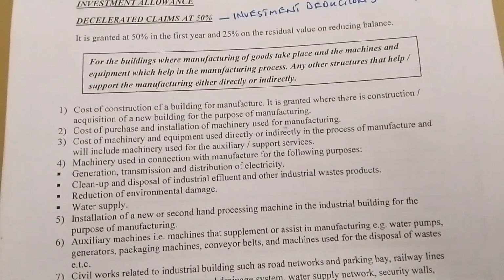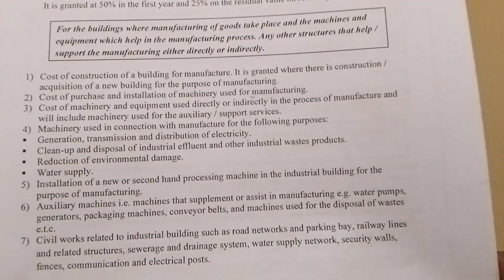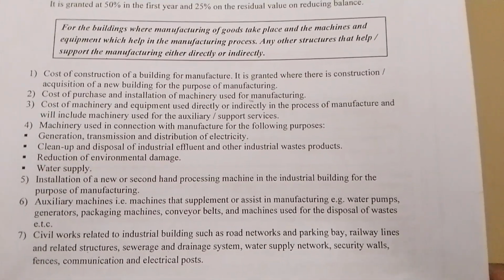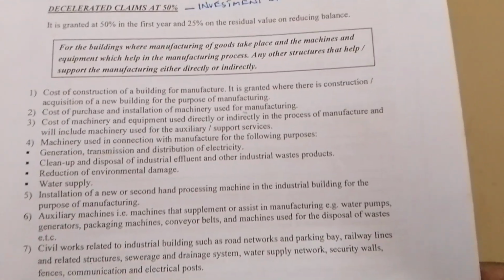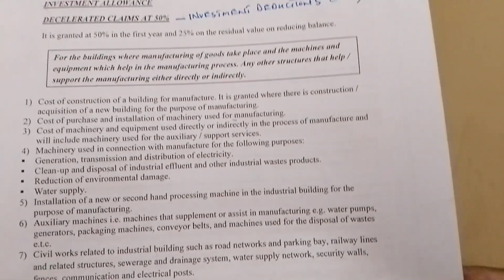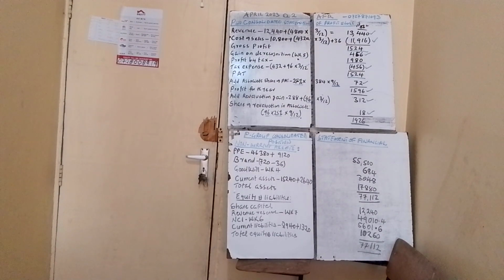Now, so you can read from point 1 up to point number 7, the items which we grant 50% investment allowance. Now, once you are okay with that, we can move to the next page. The list continues on the other side.